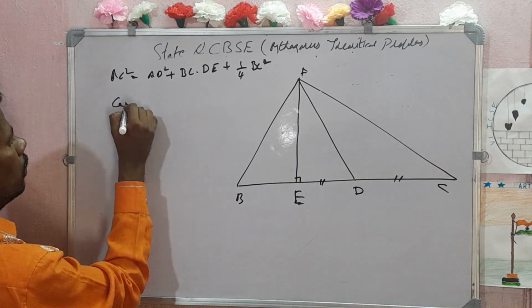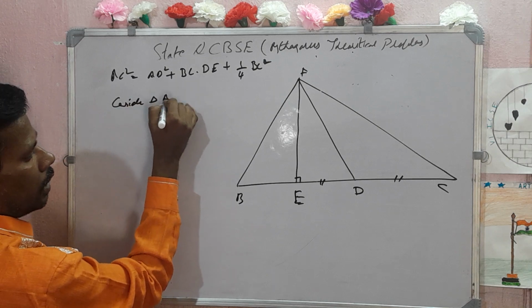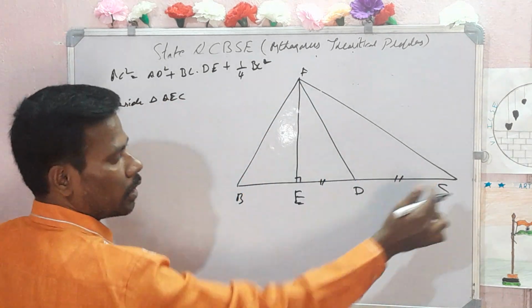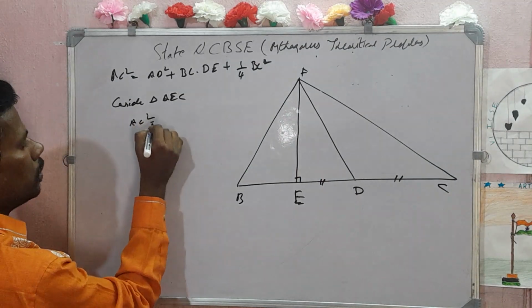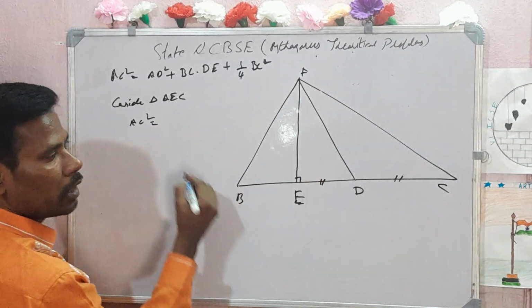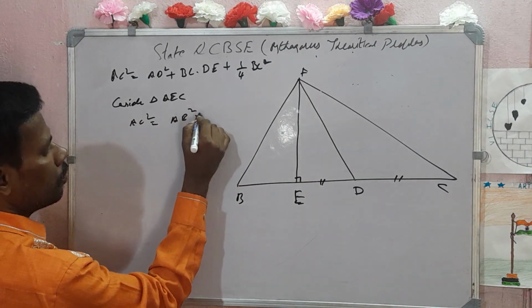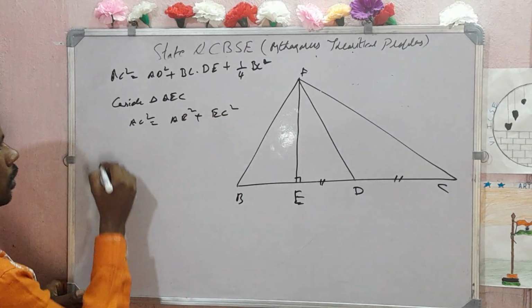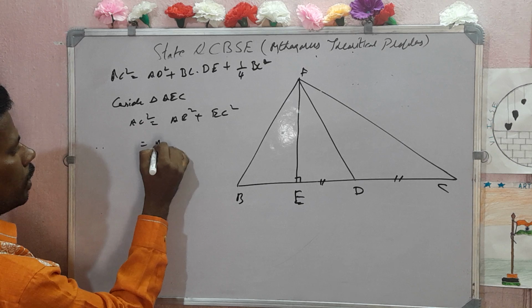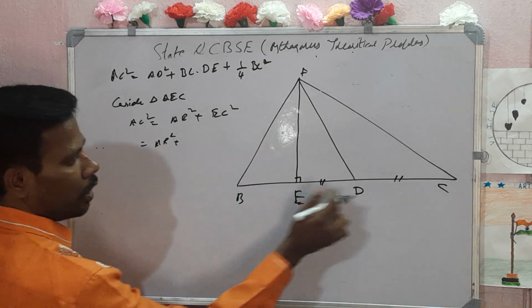Consider triangle AEC. Square on the hypotenuse: AC square is equal to AE square plus EC square, right? Therefore AE square write as is. EC square, how will you get EC square?